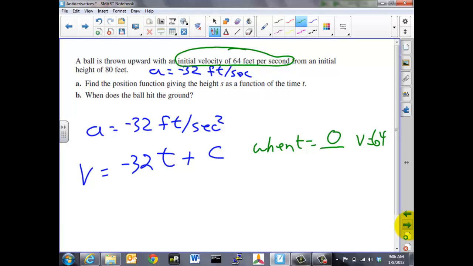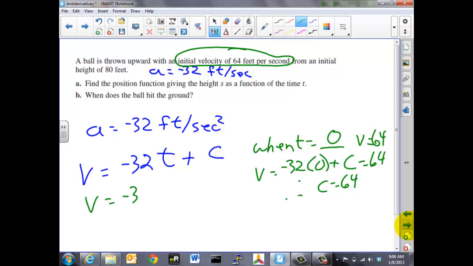So now we plug this in over here, and we get V equals negative 32 times 0 plus C, so C has to equal 64. Therefore, C equals 64. So, we were given our acceleration. We figured out that our velocity is negative 32t plus 64.